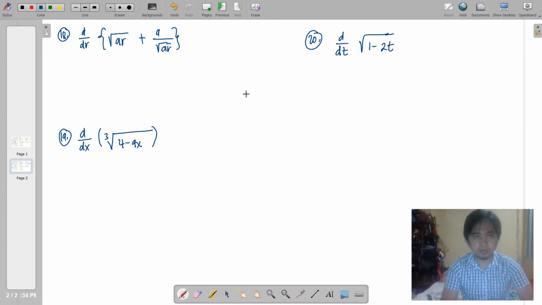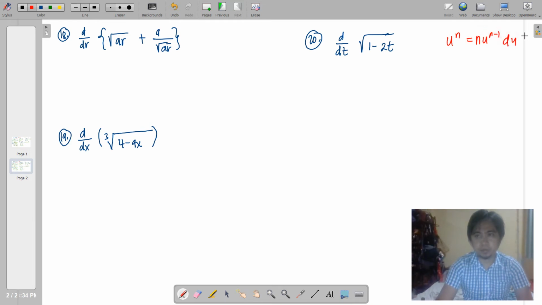Okay, so let us have these problems. So, ito more on radical na tayo, no? So, anyway, radical sign is just treated as power, ano? Power, meaning gawin mo lang yan in the form of u raised to n. Again, nu, n minus 1.